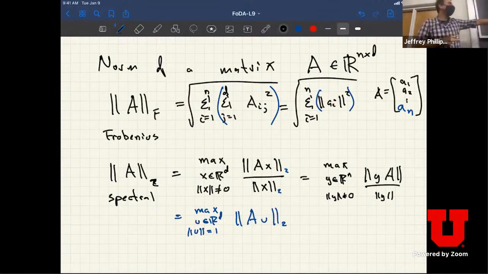It's the same answer, but now y is an n-dimensional vector to get the dimensions to work. You might need to think of one of these as transposed, but I tend to implicitly use whichever row or column dimension works in the multiplication. In fact, Python does the same thing. We'll see that in a few minutes: you can pass in any orientation and Python will just make it work if you use the dot product symbol. Okay.